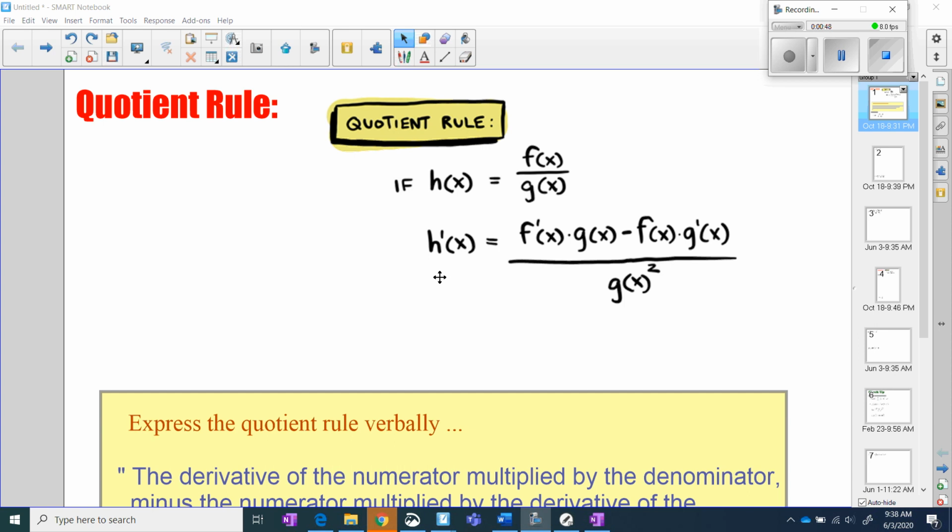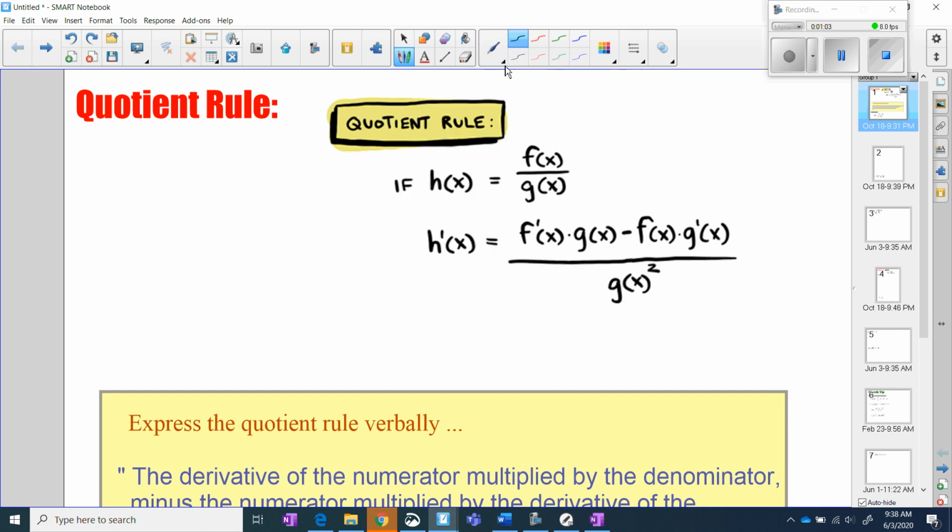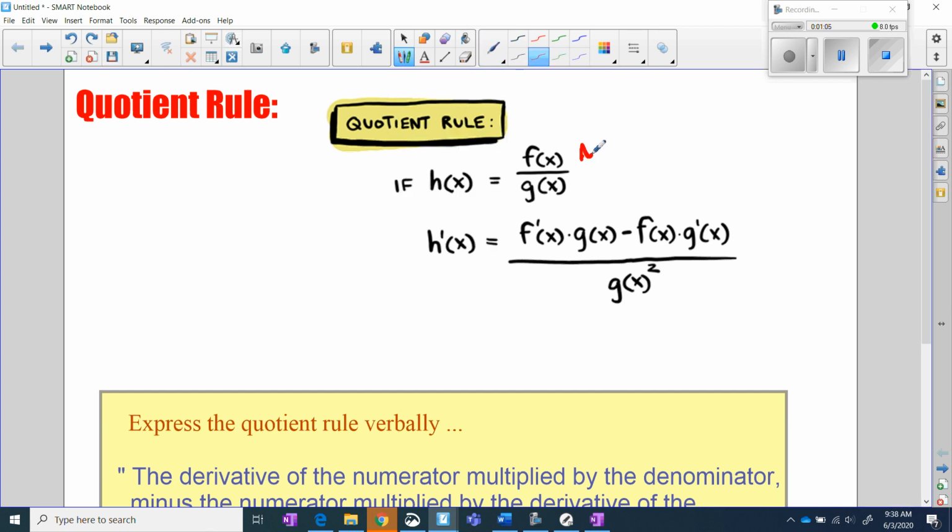If you're doing a quotient, we'll often refer to them as numerator and denominator. Rather than f of x, g of x, you'll hear me often talk about numerator and denominator. So f of x would be our numerator, and g of x would be our denominator.